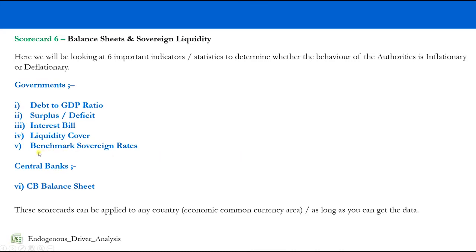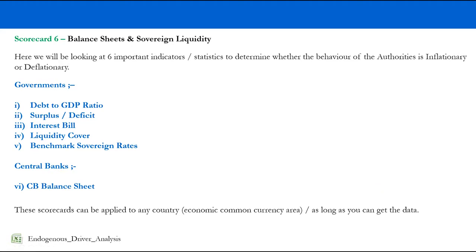And we're also going to be looking at benchmark sovereign rates. So we're going to be looking at the actual interest rates on government bonds. With central banks, we're going to be looking at specifically the central bank's balance sheet. And overall, we can scorecard for each one of these and get an overall scorecard for central authority behavior.